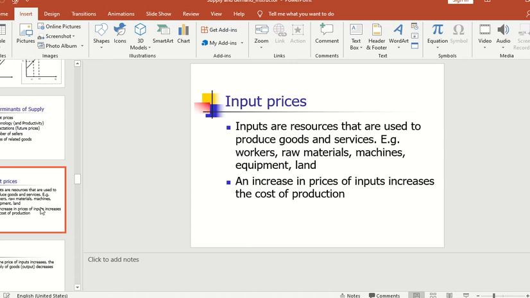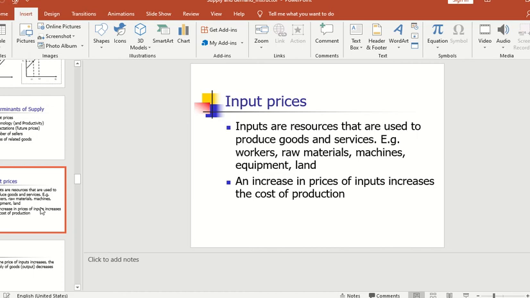And then there is land. In economics, a lot of times when you use the word land, we do not just mean literally land. A lot of times we also include natural resources that come with it, such as oil reserves, coal reserves, forestry, and so on and so forth.